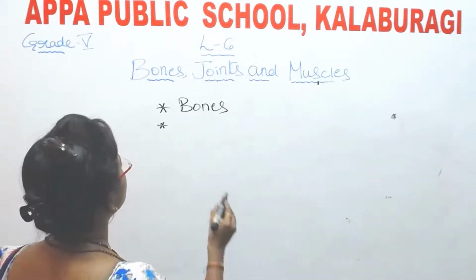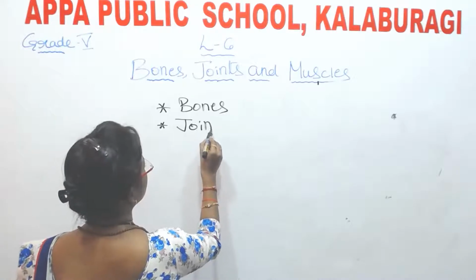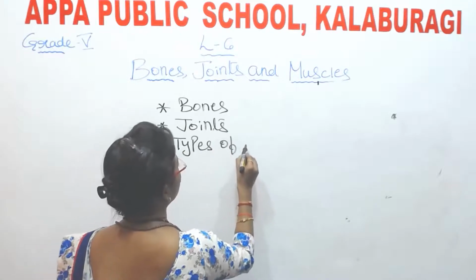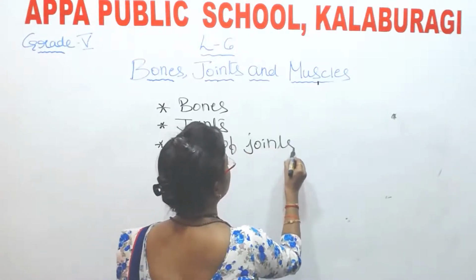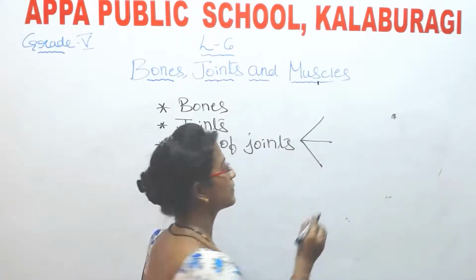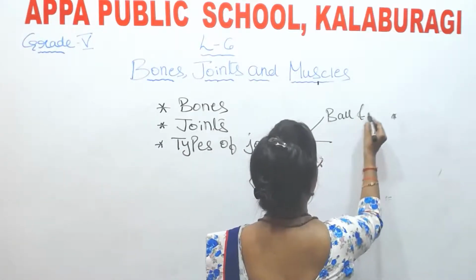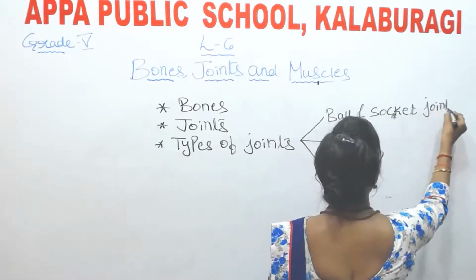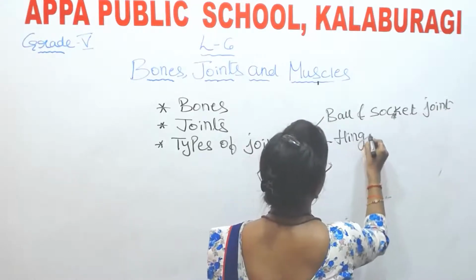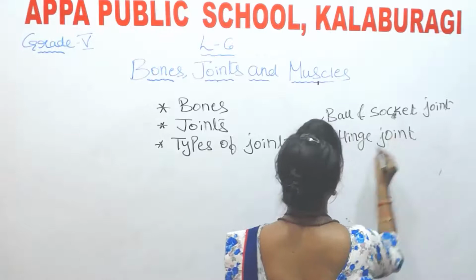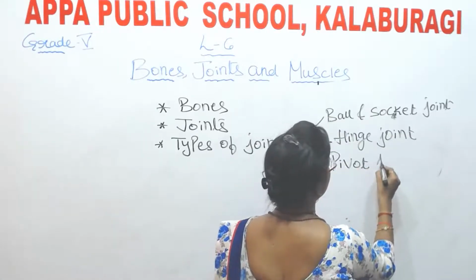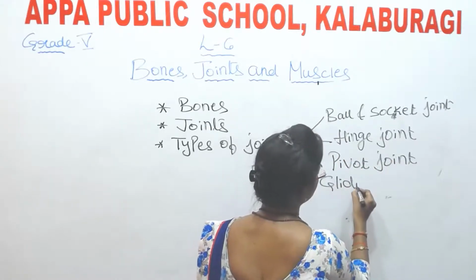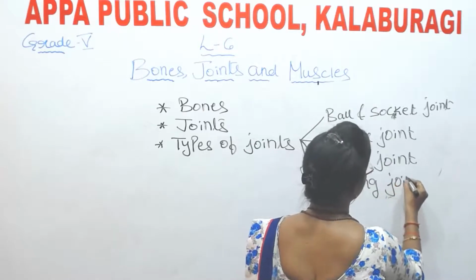Next we learned about joints and the types of joints: ball and socket joint, hinge joint, pivot joint, and gliding joint.